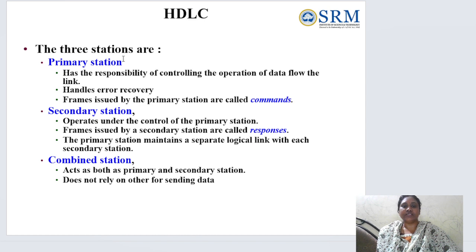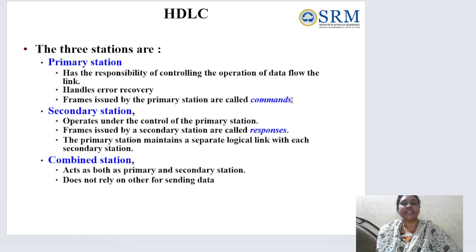The first one is the station. There are three kinds of stations. The first one is the primary station. The primary station is the sender, which sends information with the help of command frames only. The next one is the secondary station.